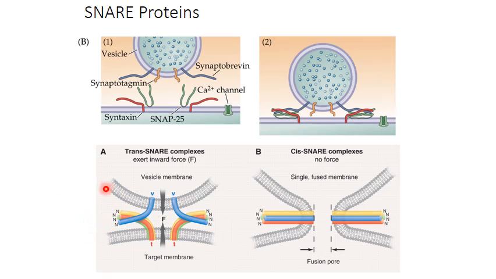And it's thought that that twisting brings enough force with it to bring the vesicular membrane close to the plasma membrane, and then the conformational change occurs in the synaptobrevin and the syntaxin, so that instead of being bent molecules, they straighten out, and that causes the two membranes to fuse, and a fusion pore of a temporary lifetime is opened.